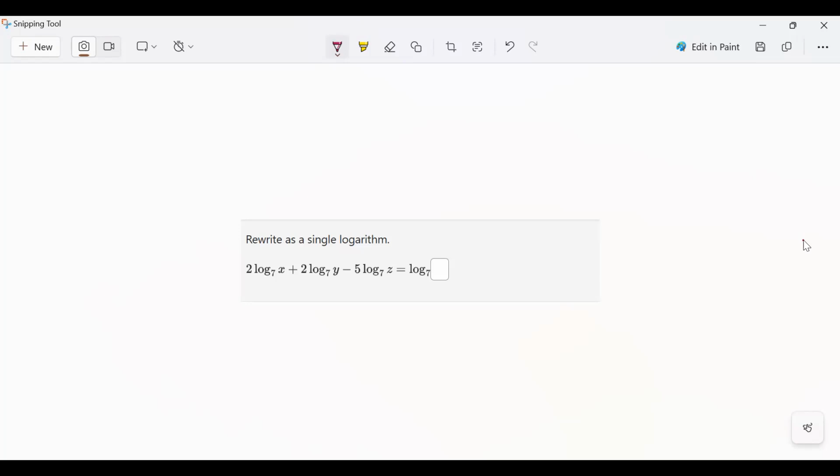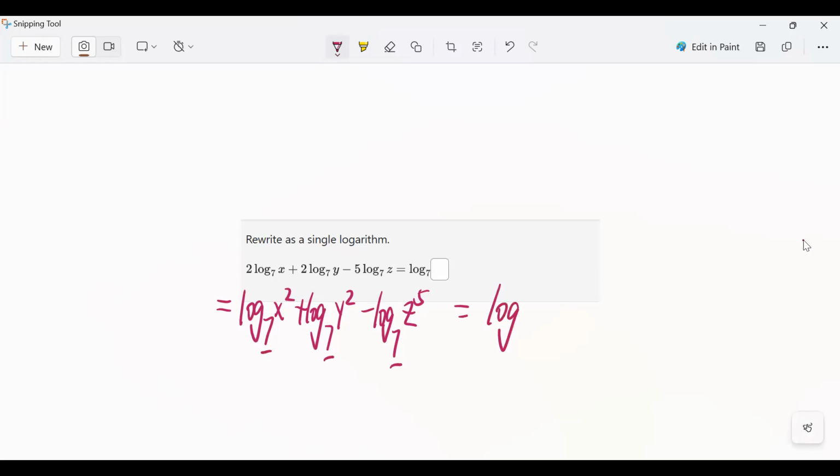Okay, let's go over this. First of all, you put back the coefficients as the powers, so log 7 x squared plus log 7 y squared minus log 7 z to the 5th. Once you put back the coefficients, now addition becomes multiplication, making sure they have the same base.